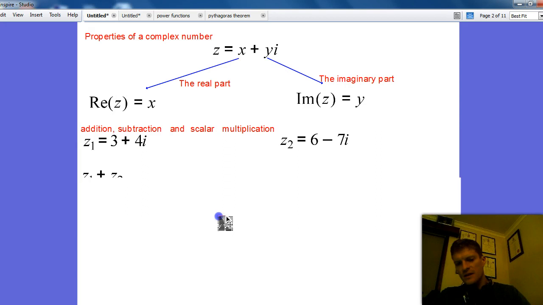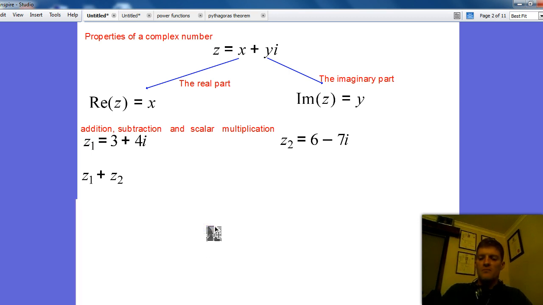So some things we can do with complex numbers: add and subtract and multiply, because in the end they are just numbers, and their processes are fairly straightforward and quite intuitive on how you might approach adding in an algebraic sense. So let's try this first one, z1 plus z2. If we add those two complex numbers, what are we going to achieve?